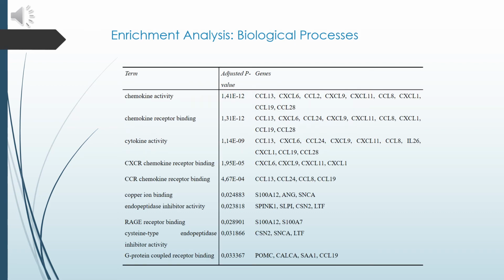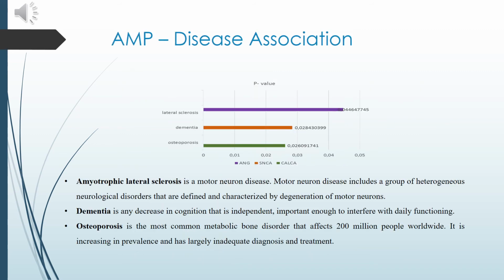The other gene ontology term that the enrichment was done for was molecular function. Here we can see chemokine activity, cytokine activity, copper ion binding, cysteine-type endopeptidase inhibitor activity, and G protein-coupled receptor binding. We also examined AMP-disease association.